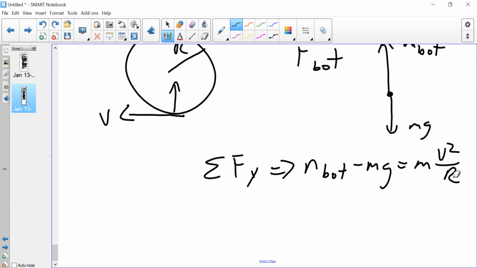That normal force at the bottom is going to be the force at the bottom that you feel. And you can see in the next part of the example, if you continue, that's going to be the normal force at the top, and it's going to be less. But I'll just leave it there. Any questions on that setup?